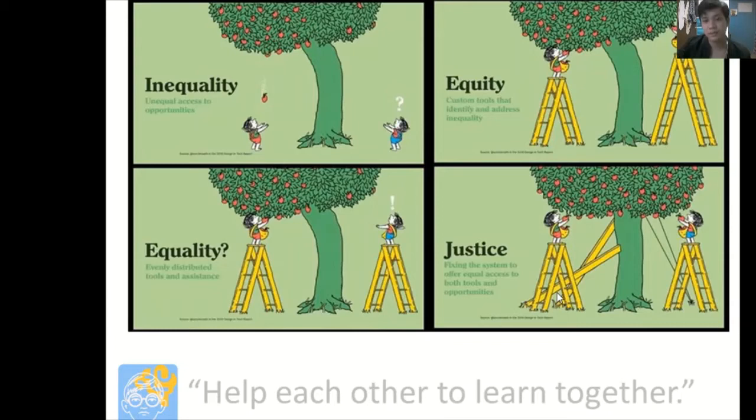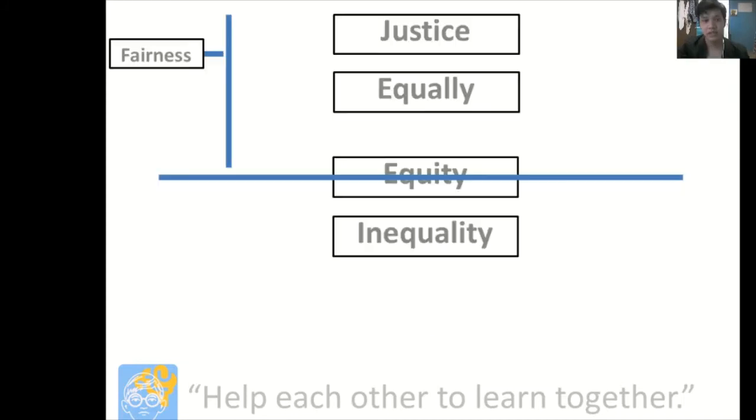The top level is justice, and in between these four terms are equity and equality. So inequality, next is equity, equality, and justice. Justice is the top level.